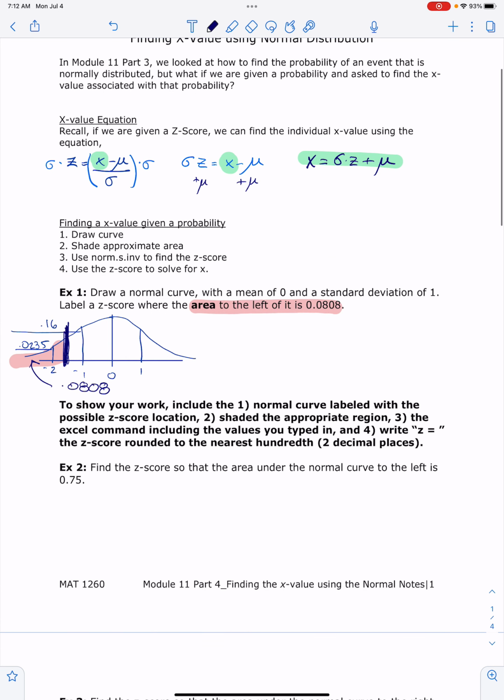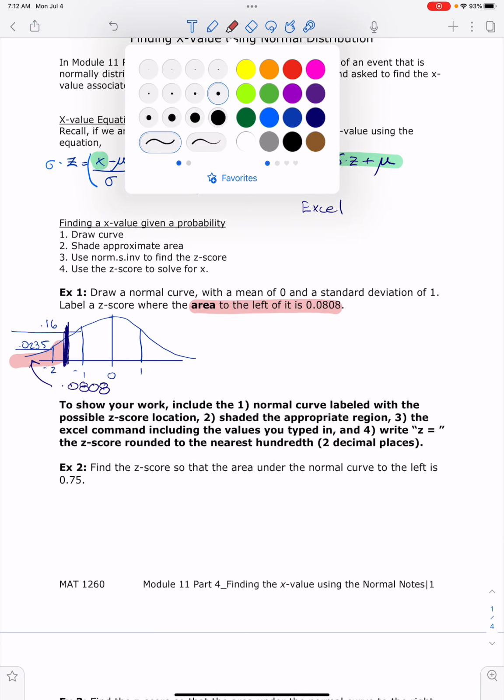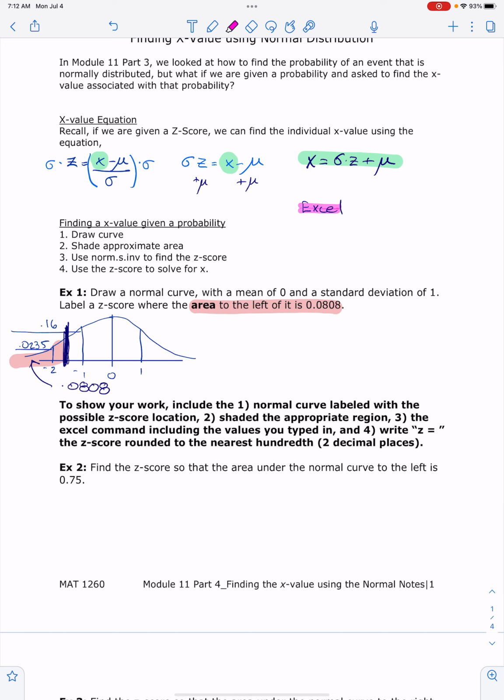Let's back up a minute. When we used norm.dist in Excel, we took a z-score in, and what we got out was the probability. We need to go backwards.